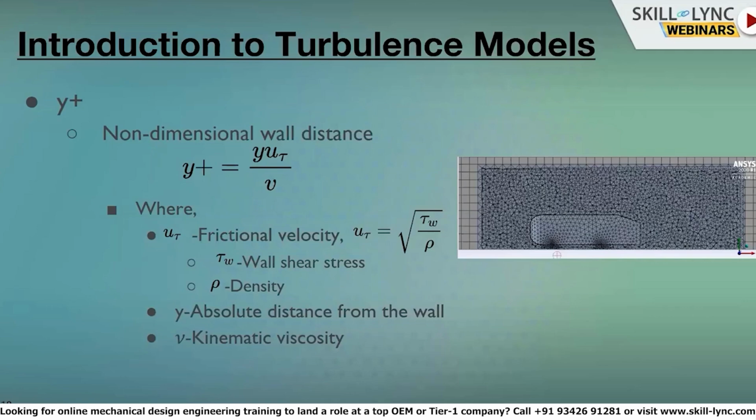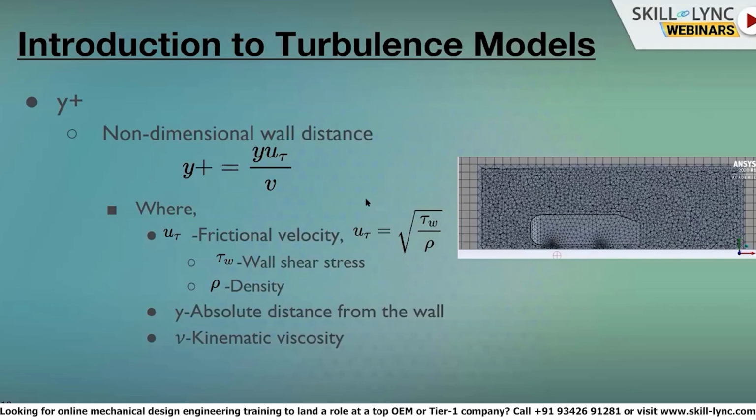It is Cf times half rho U squared, and Cf is given by some empirical correlation, 0.0064 root of Re_x or something. So in those scenarios, we can calculate the wall shear stress, and we know the density of the fluid, and you can find the first cell height, the absolute distance from the wall. Based on that, you can put the first cell height, and then grow how many prism layers you want. So that is one way of doing it.